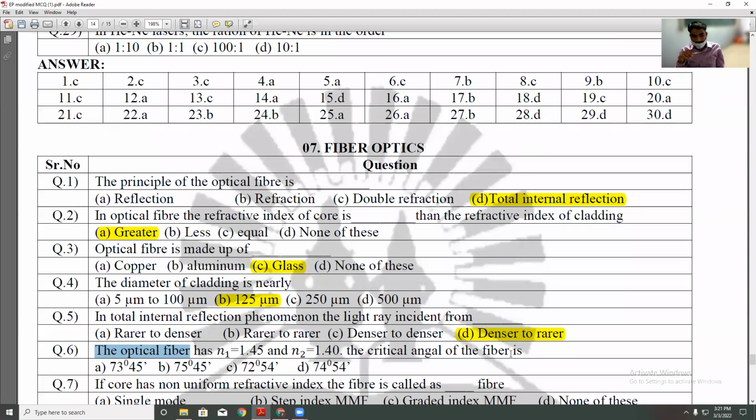Theta C is equal to sin inverse N2 upon N1. Very good. Theta C, the critical angle, is equal to sin inverse N2 divided by N1, means theta C is equal to sin inverse 1.40 divided by 1.45. If you have a scientific calculator, please calculate it. What is the correct option?